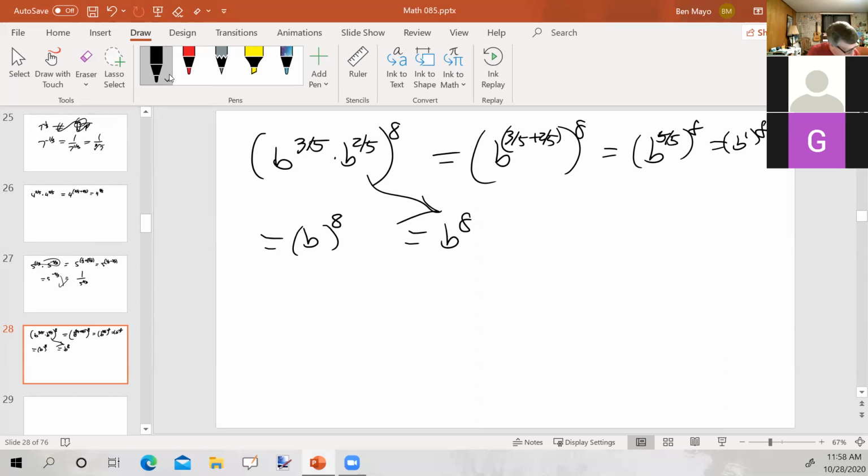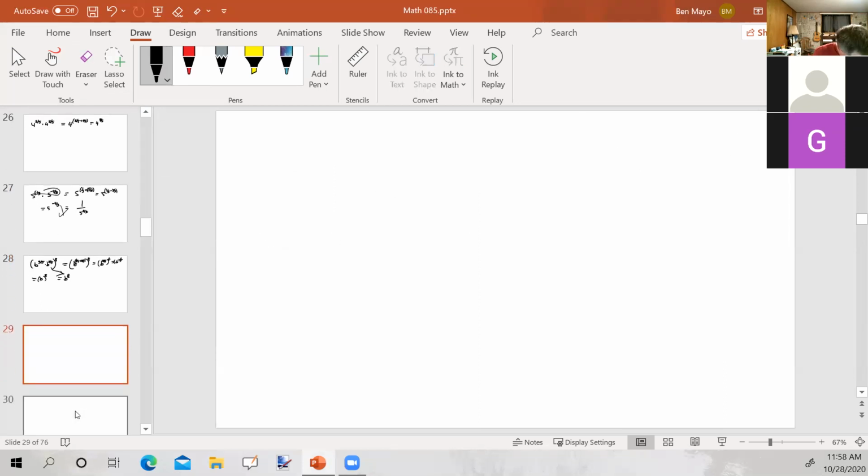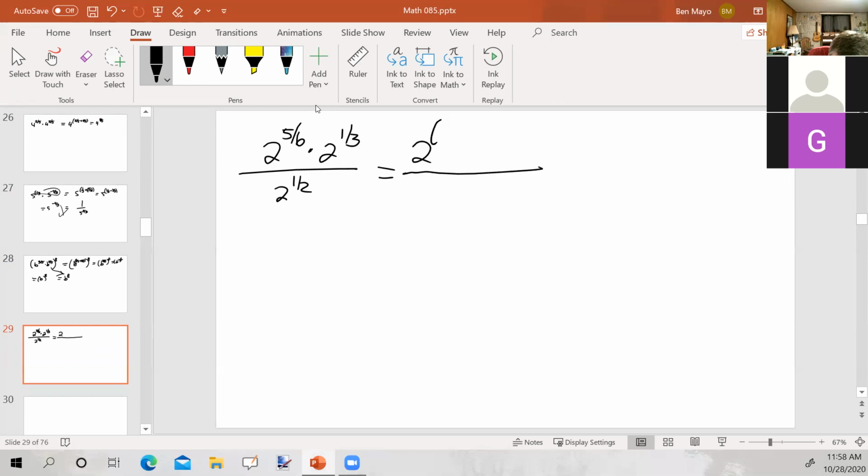All righty. Let's take a look at this. 2 to the 5/6 power times 2 to the 1/3 power over 2 to the 1/2 power. Multiplying powers with the same base, you add the exponents. So I need to take 5/6 plus 1/3.